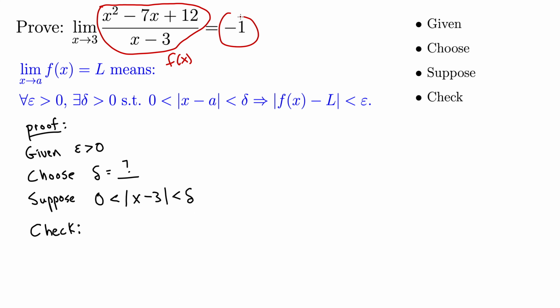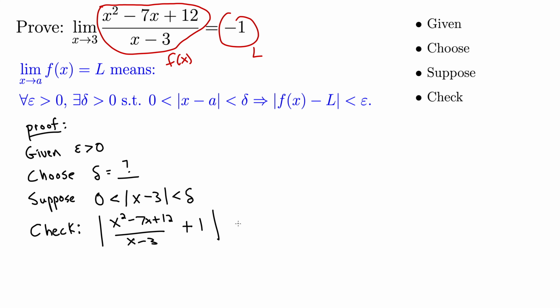This thing outside the limit is L. So we want to end somehow with less than, and then it needs to end with epsilon. So checking here, absolute value of x squared minus 7x plus 12 all over x minus 3, minus negative 1. That's minus L, so I'm just going to change that to plus 1.